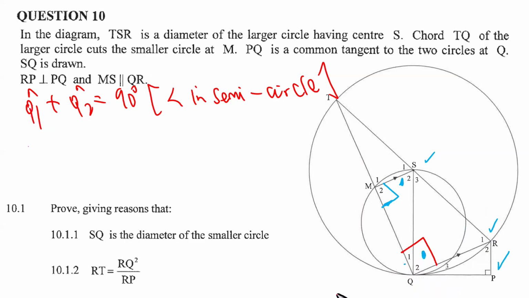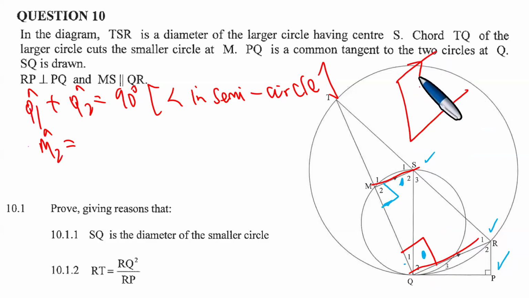And therefore, if this is the truth, the angle M2 is equal to 90 degrees, because this line is parallel to this one. In grade 10, we were taught that if lines are parallel, this angle plus this angle is equal to 180 degrees. So the angle M2 is exactly equal to 90 degrees.